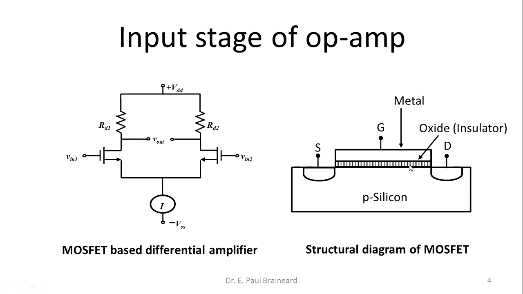Oxide being insulator does not allow any flow of charge carriers, hence acts like a resistor with infinite impedance. I hope you understood the reason why OpAmp has very high input impedance.